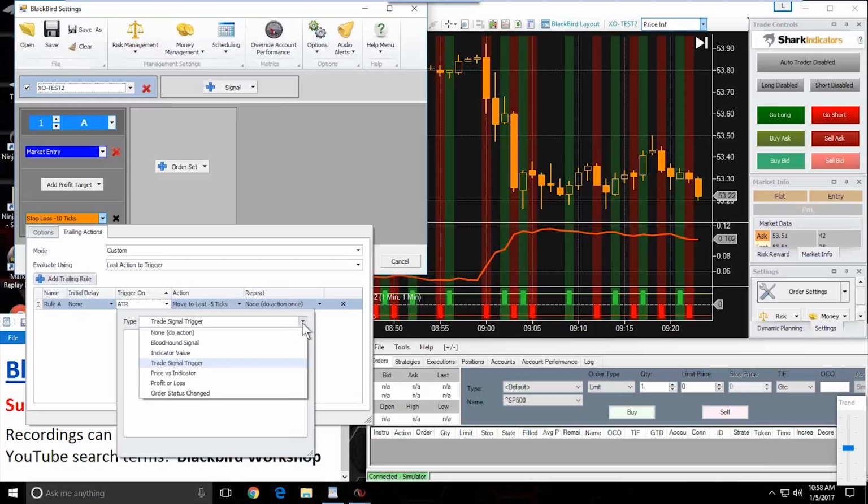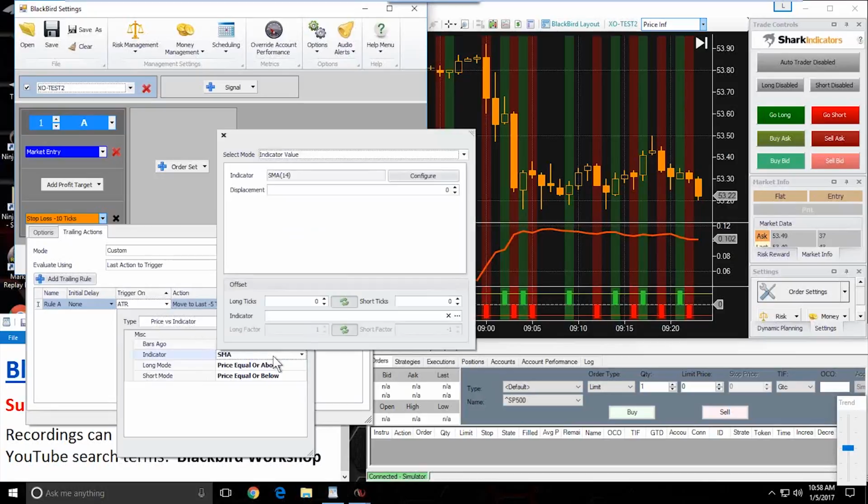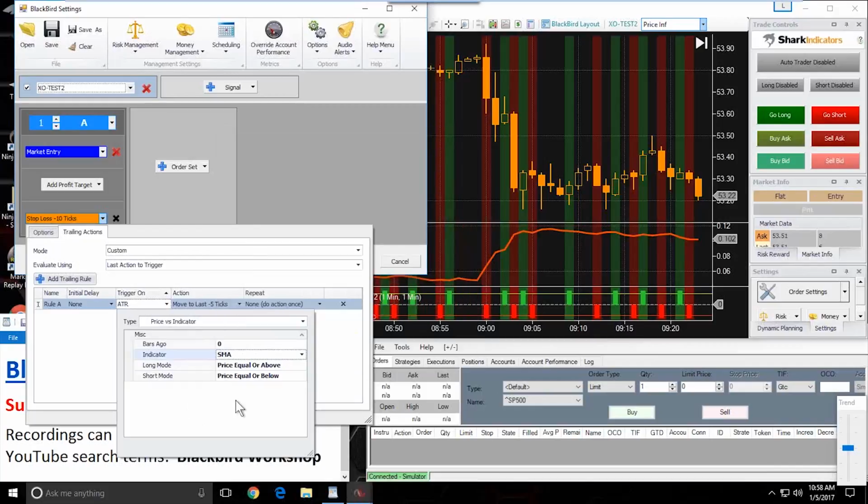All right. So what would be the next one here? Okay, next one is we could compare price to an indicator. This comes into play with a moving average, right? Moving averages are the ones that compare to price. So we've got an SMA 14. We'll just use the SMA 14 as a default there.